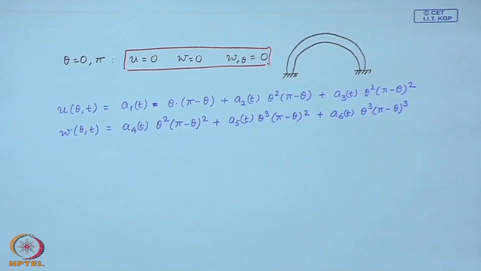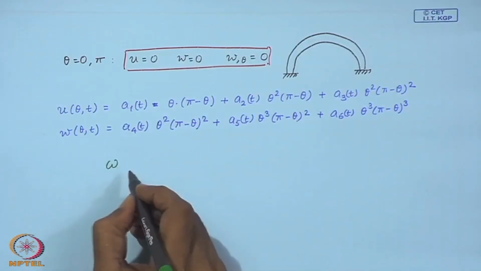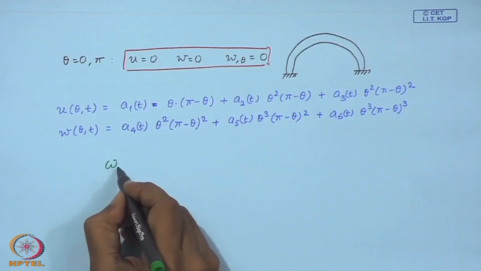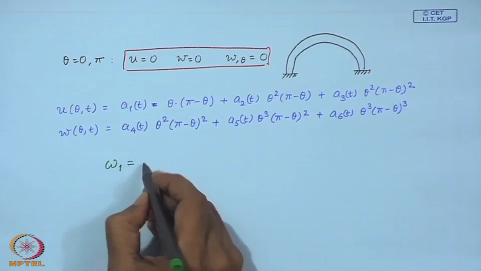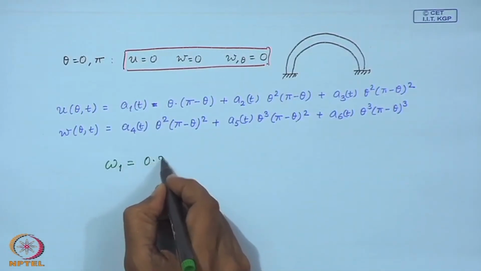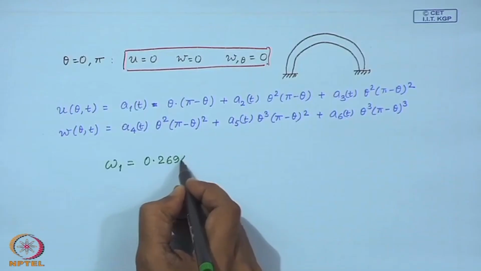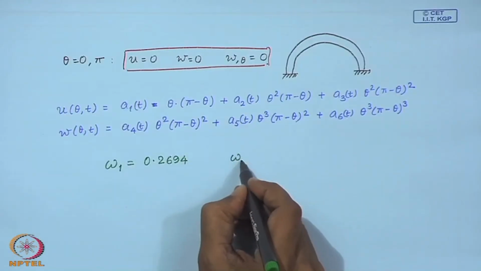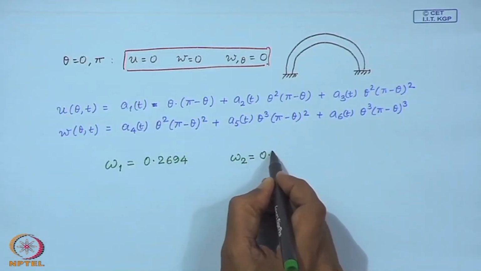So, if you once again substitute this in the expansion and calculate the discretized equation of motion and further calculate the eigenfrequencies, they turn out to be this.